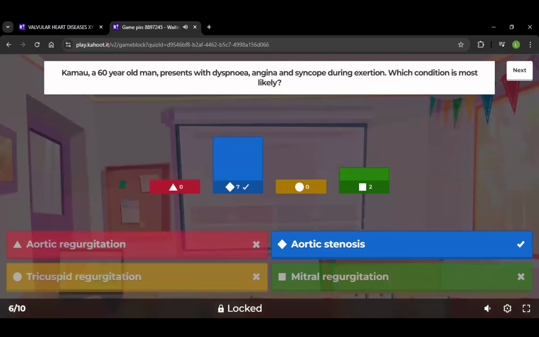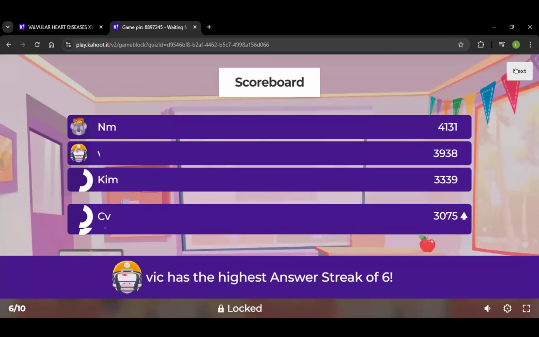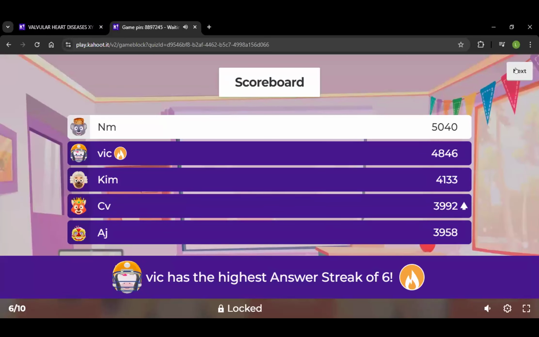Okay, so Kamau is most likely to have aortic stenosis. Yes, that's the answer. The scoreboard: we have NM still leading, followed by Vic, and then Kim, and Vic still has the highest answer streak. Okay.